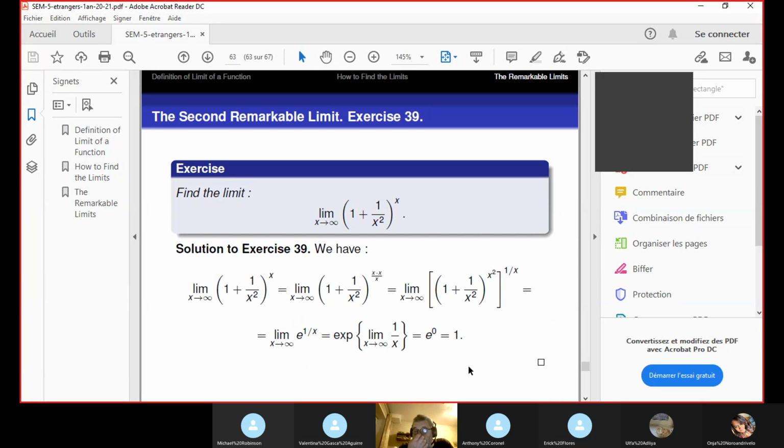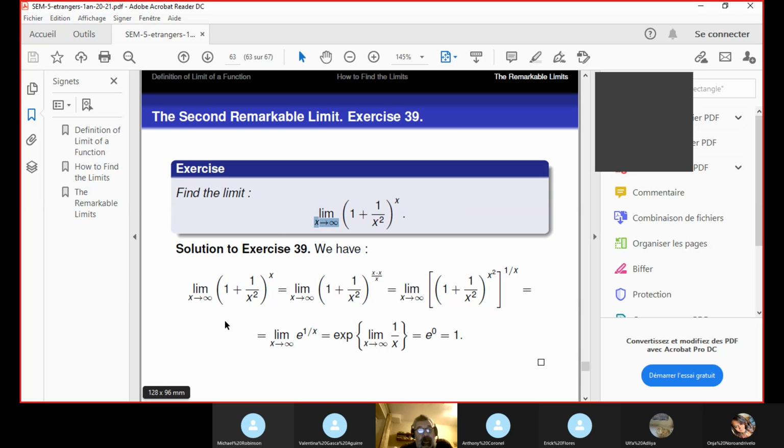So now, the next example, the next exercise. You see here we have some limit, 1 plus 1 over x squared as x goes to infinity.